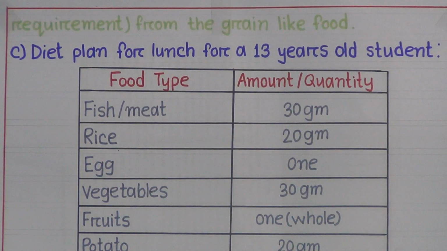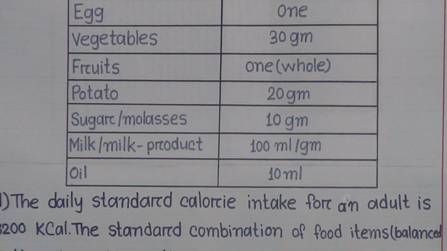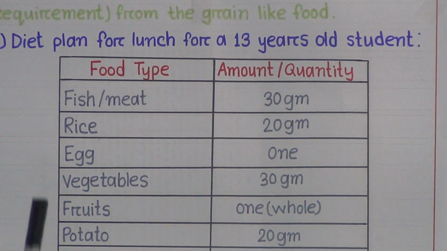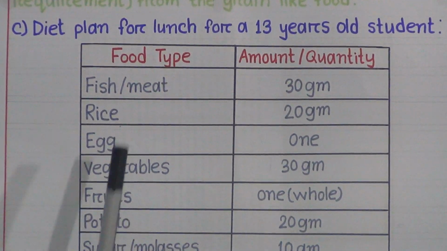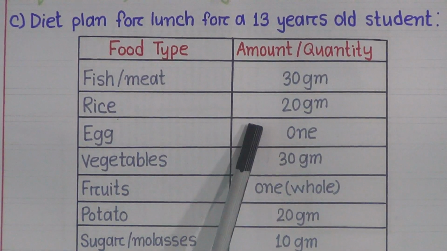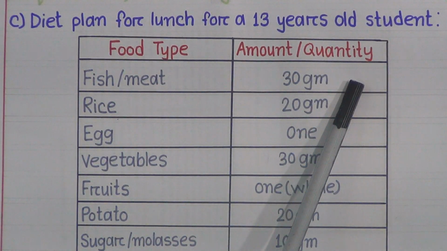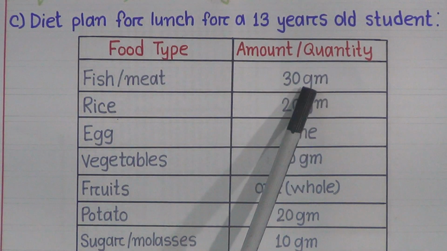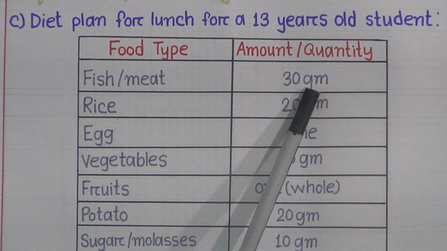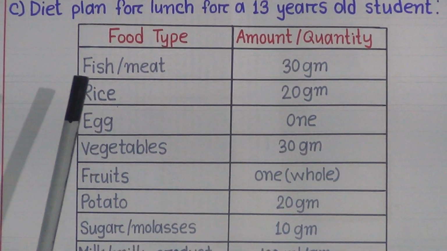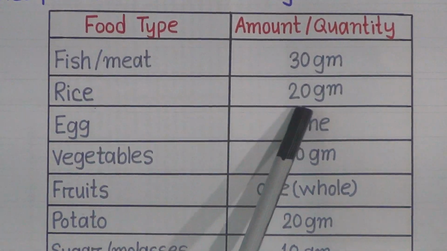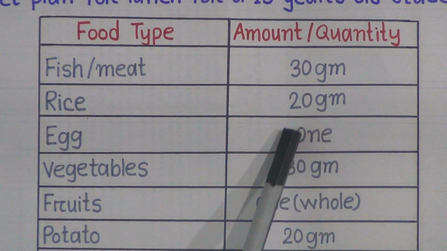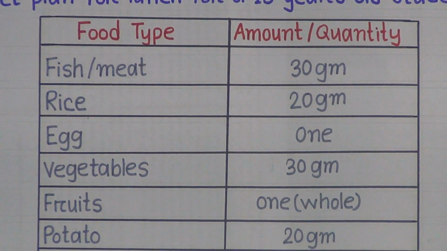Here I have made a chart for balanced diet for a 13 years old student. There are two sides: on the first side you write food type and on the other side the amount or quantity. Fish or meat, 30 grams. Rice, 20 grams. Egg, only one, a full egg in lunch.